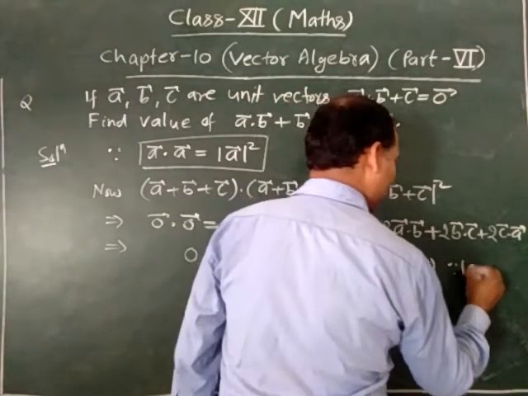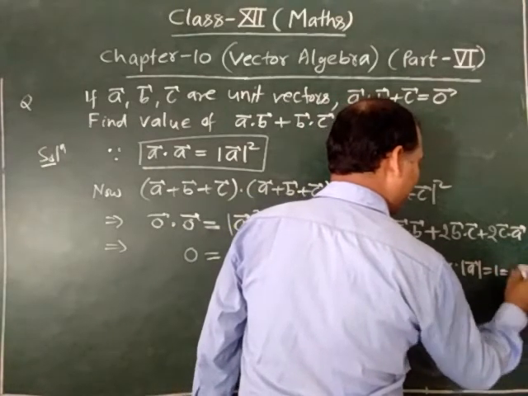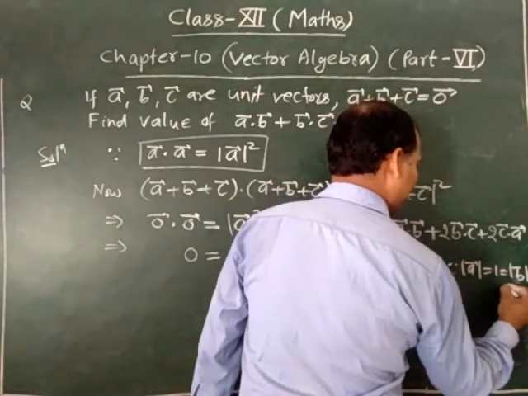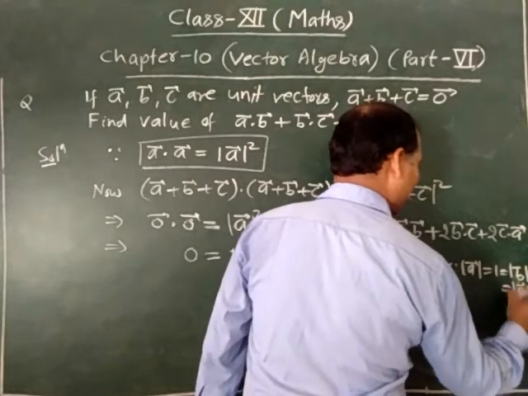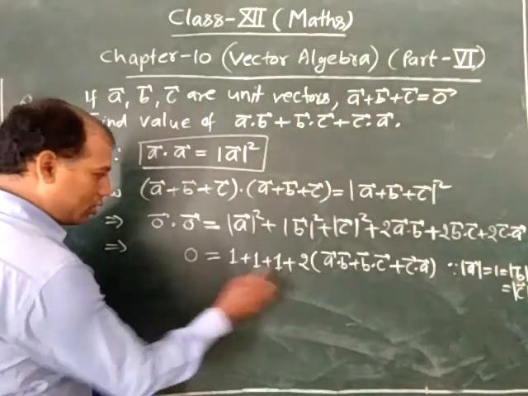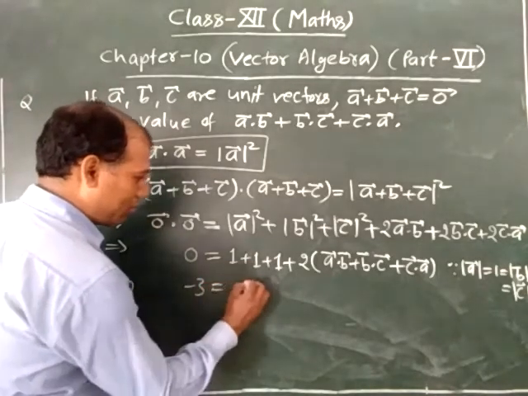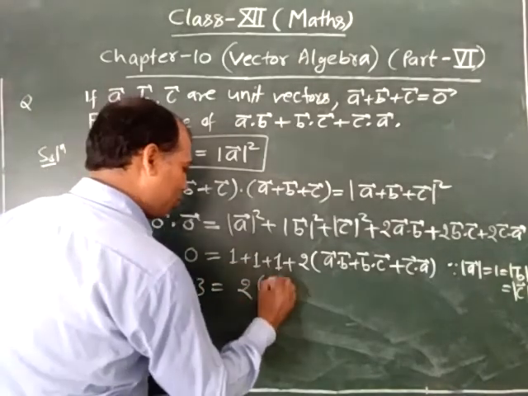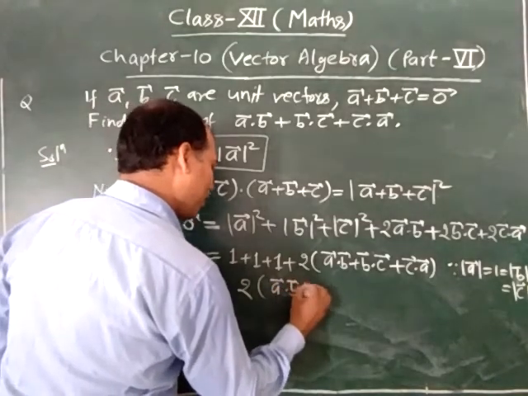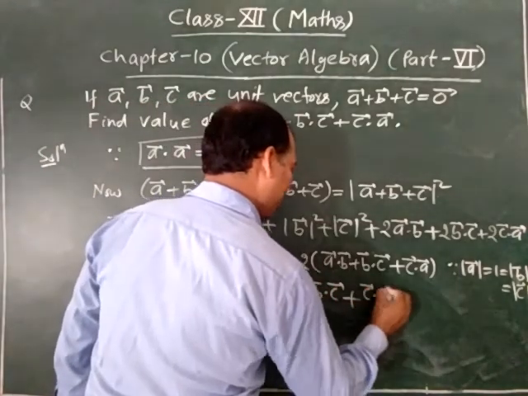because modulus of A equal to 1 equal to modulus of B, and this is also modulus of C, because A, B, C are unit vectors. So we can write it as minus 3 is equal to 2 times (A dot B plus B dot C plus C dot A).